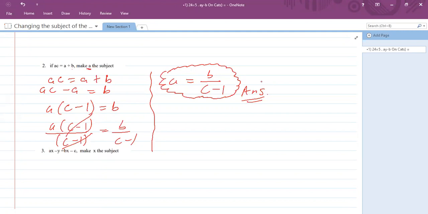So if it were negative A, it will come and make positive A. The idea is this: you group the like terms at one side. If you are moving one to another end, if it's addition, it becomes subtraction. Every subtraction becomes addition. So sir, the C minus 1 would be C plus 1? Yes, it will be C plus 1.